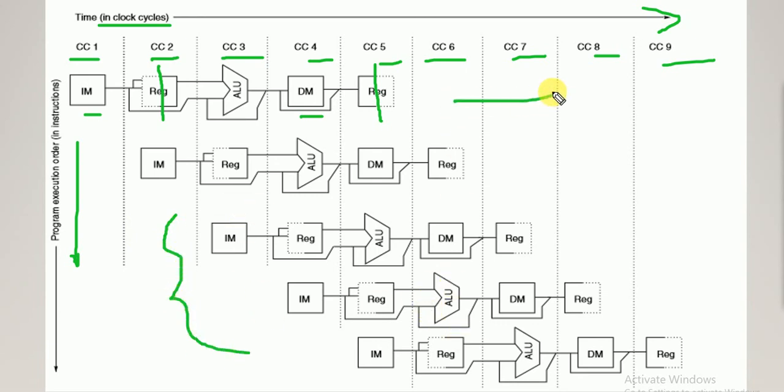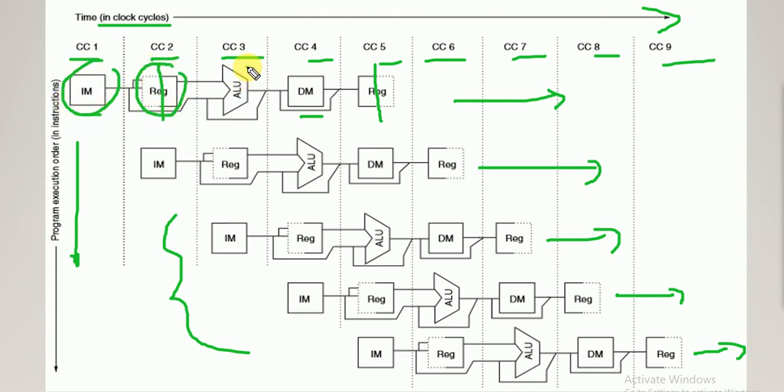So this is the exact pictorial representation of the resources used for all these 5 stages: instruction fetch uses instruction memory, instruction decode uses the register file, execution uses the ALU, memory access uses data memory, and write back uses the register file.